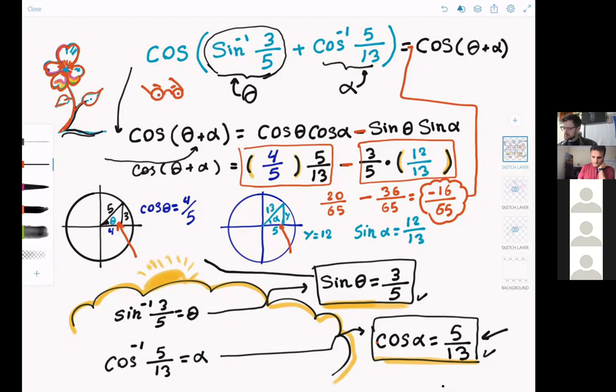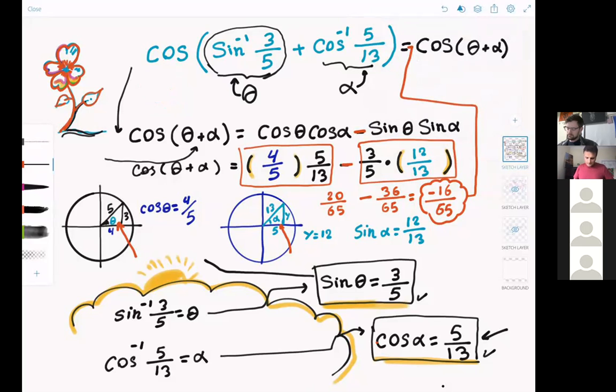Anybody? Is it because we were provided the inverse up there, and so it's negative? Good. That inverse, it's positive.